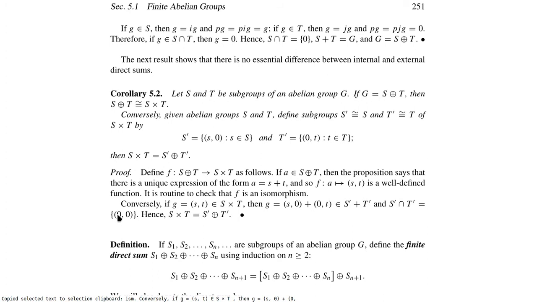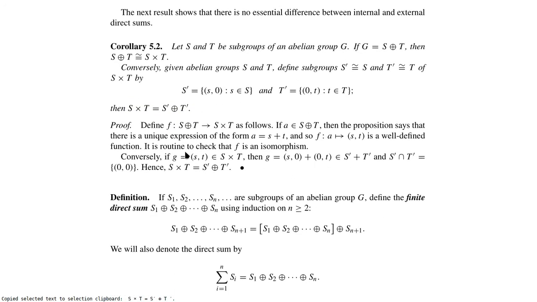Thus each element of S cross T is also an element of S prime plus T prime. Thus they're equal. Right? So yeah, that was just basic stuff.